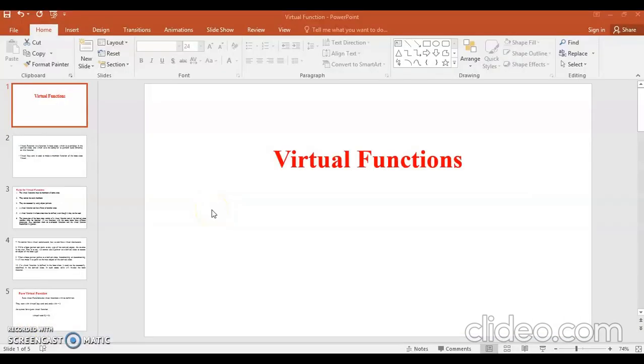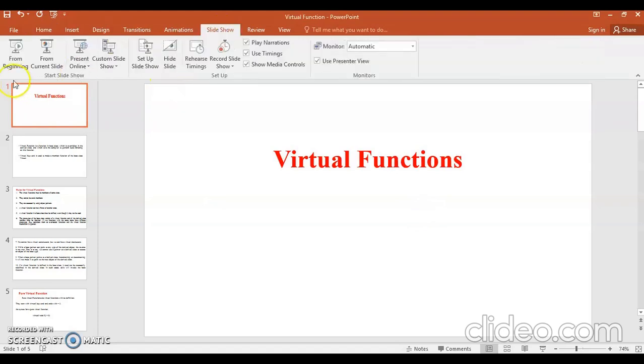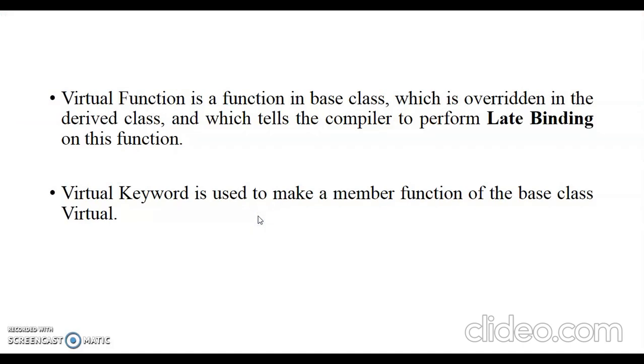Okay, now let's discuss virtual functions. What are virtual functions? What are the properties of virtual functions? How to write a virtual function? First of all, how to define virtual functions? Let me switch to slide presentation mode. A virtual function is a function in the base class which is overridden in the derived class.